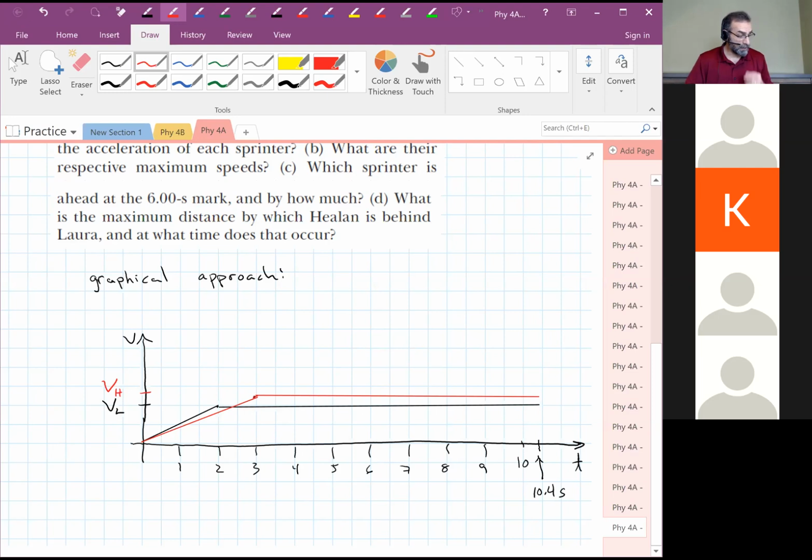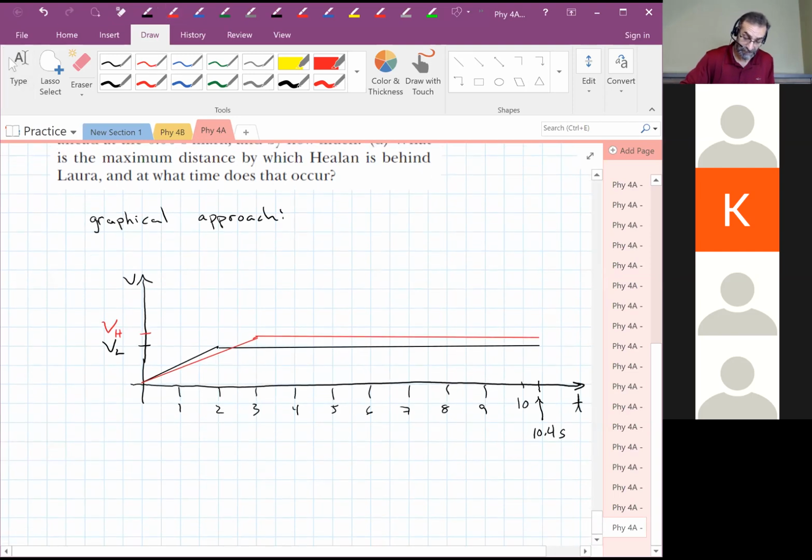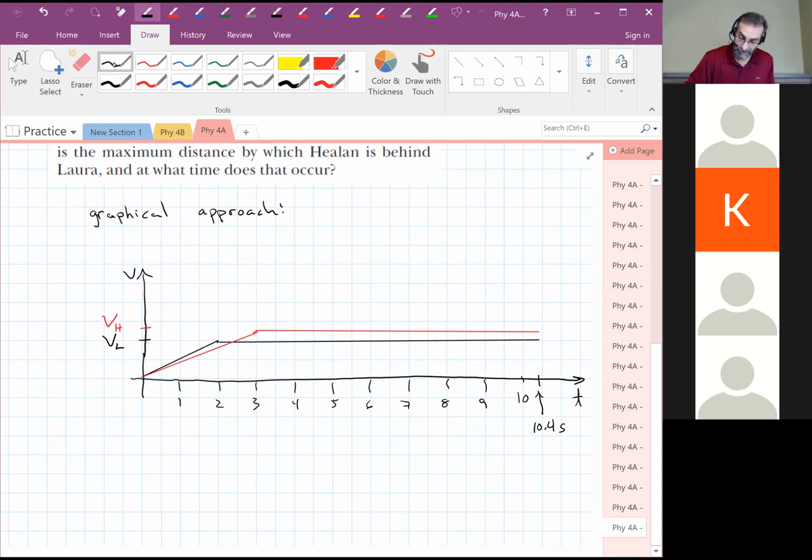Okay, so what do we know about these? We know that they both covered the same distance, right?